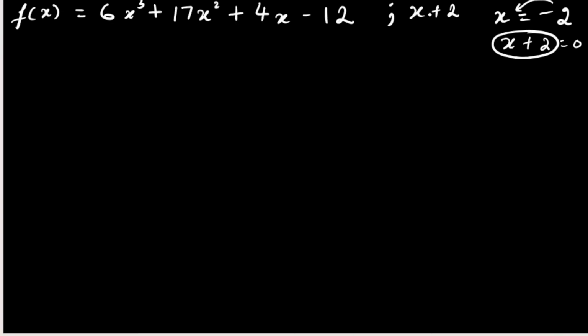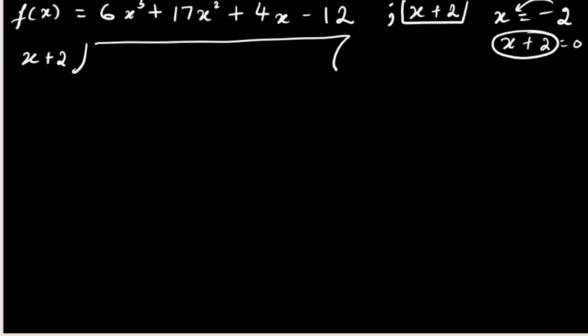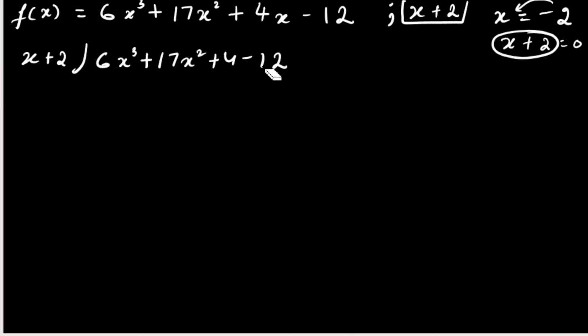So we will divide this linear polynomial into the given polynomial, 6x cube plus 17x square plus 4x minus 12. So the actual division, how I am doing, like this only you have to do. So steps you have to remember.